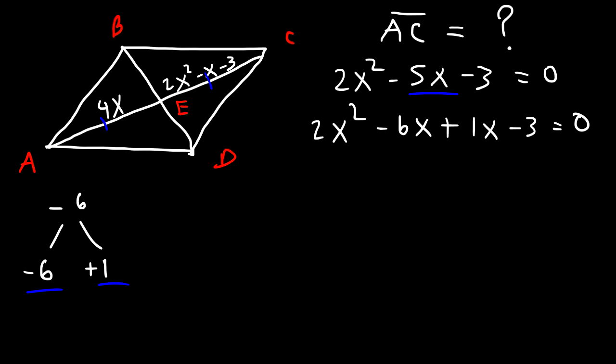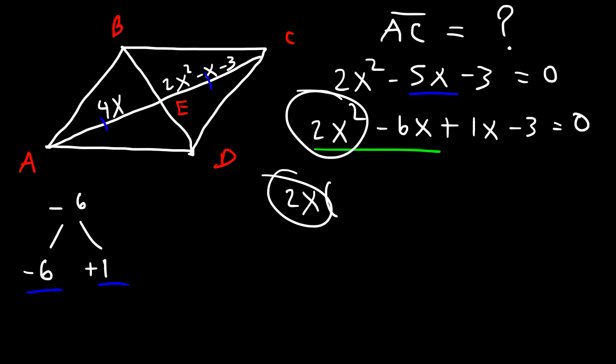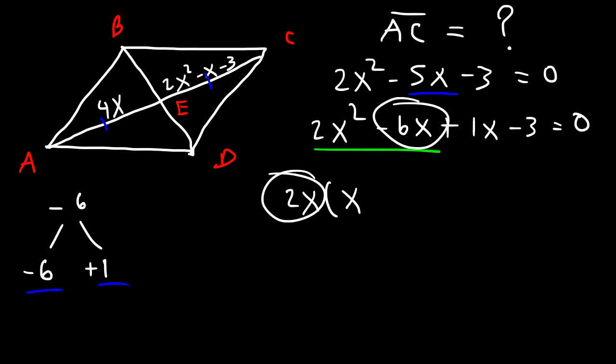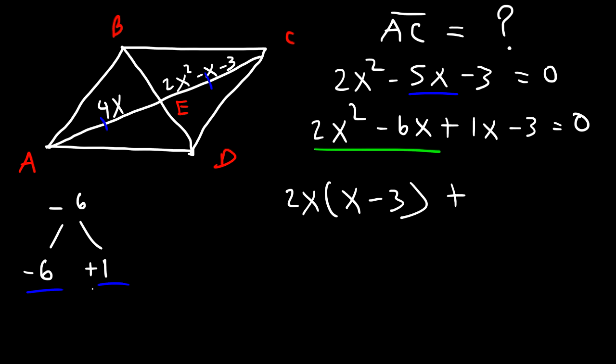After that, factor by grouping. So in the first two terms, take out the GCF, the greatest common factor. In this case, it's going to be 2x. 2x squared divided by 2x is x. Negative 6x divided by 2x is negative 3. Now, in the last two terms, factor out the GCF.